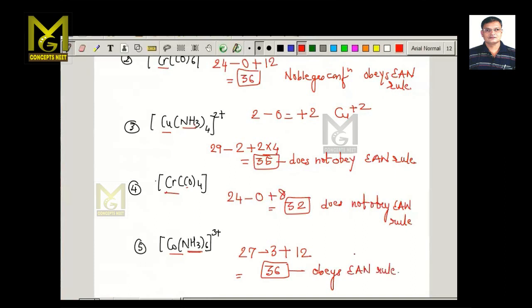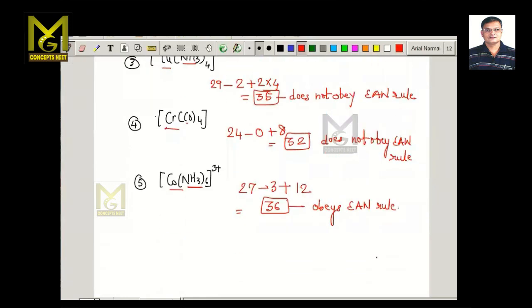These are some of the examples you should understand. Most importantly, to calculate the oxidation state you should know the charge on the ligand, and to calculate the coordination number you should know the denticity, whether it is monodentate, bidentate, or hexadentate.